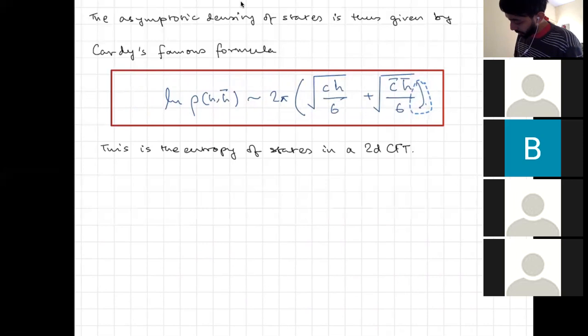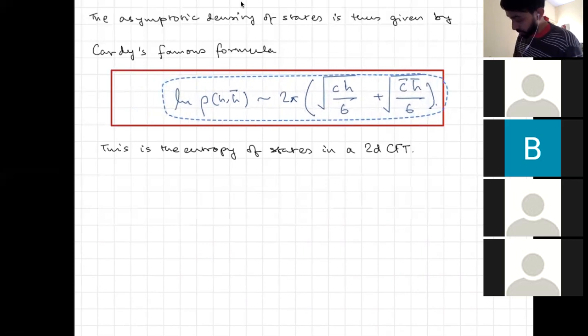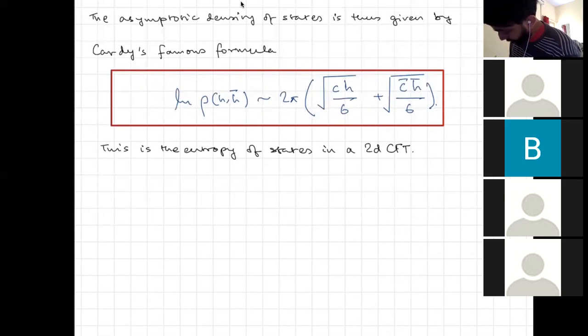I'm sorry, I didn't notice that I'd not written this down. Just give me another second, please. I'm just moving things around. Okay, so I will call this S Cardy.